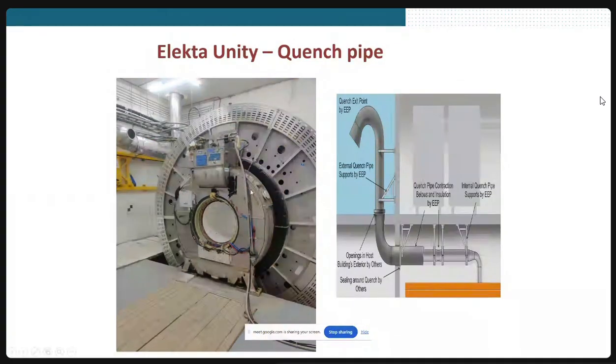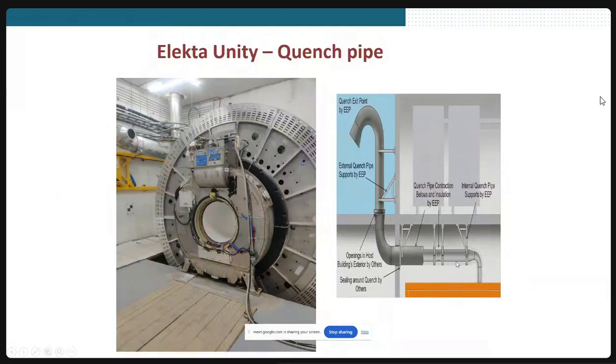But as I said, the superconducting coil uses helium at 4 K, liquefied helium. But there is always a possibility that if the helium starts boiling off, it can come out into the clinical room atmosphere and deplete the oxygen. So people working inside may not know that the oxygen is getting depleted, and they may faint and get into trouble. So in that case, you need to quench, you need to remove the helium.